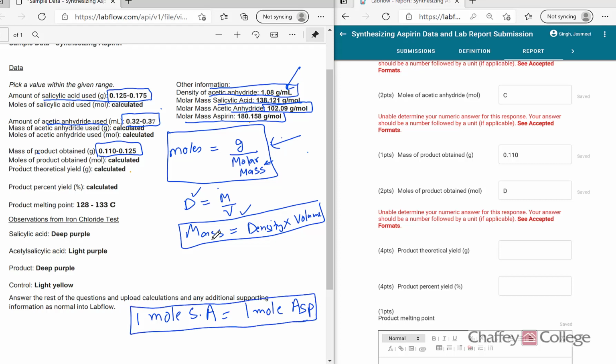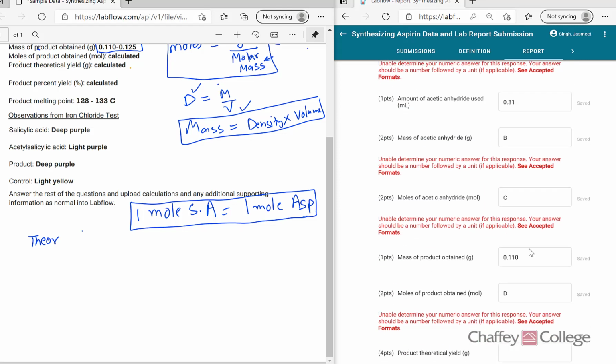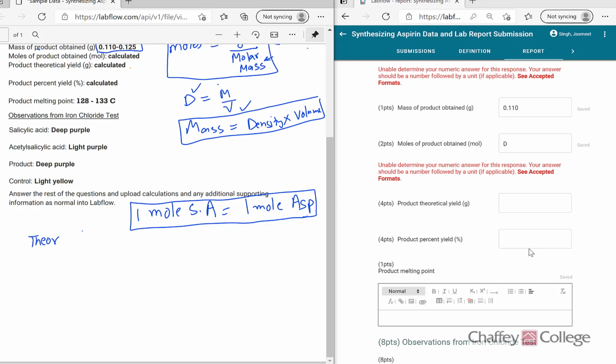Using this we can calculate the theoretical yield.